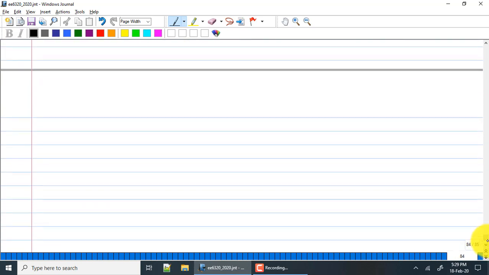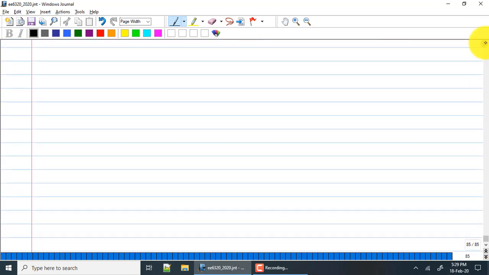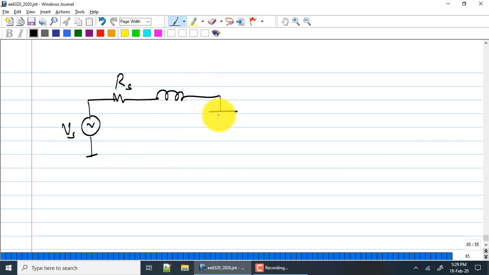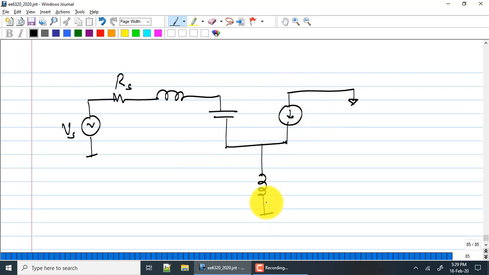Okay. So to do that, we will draw the small signal equivalent circuit also, except we'll now add Vs. We won't have IN1.